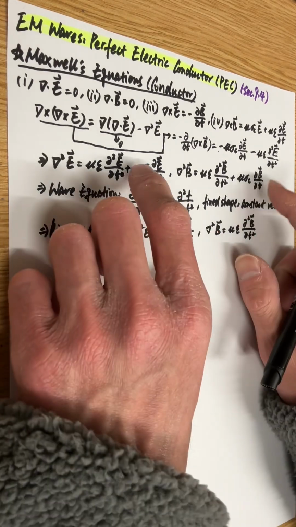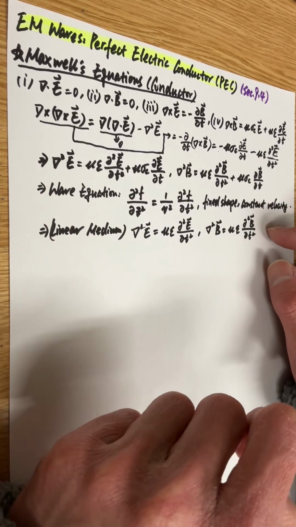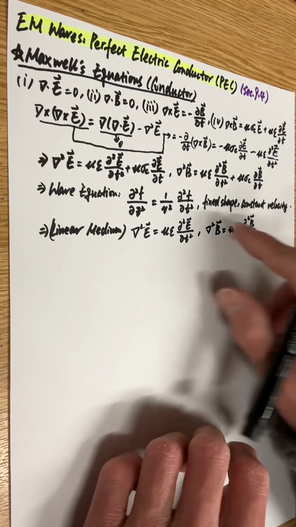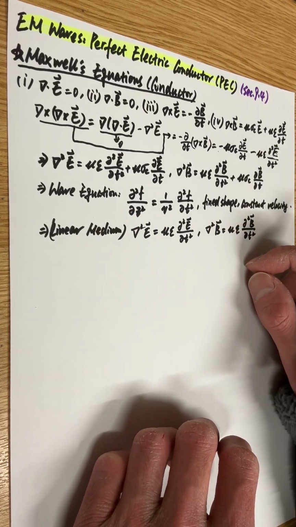But now for conductor, we have a second term. So this means when an EM wave enters a conductor, it wouldn't maintain fixed shape and constant velocity.